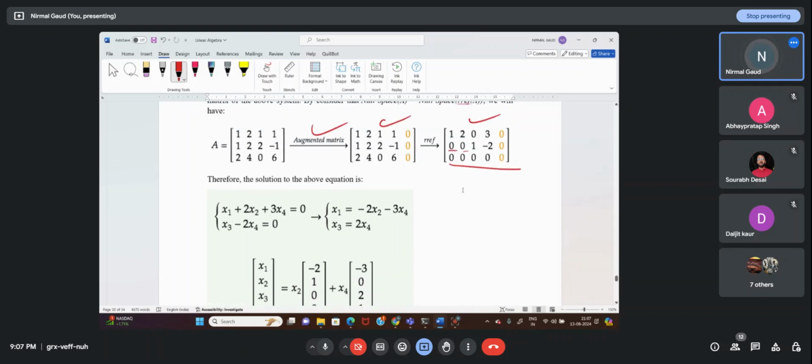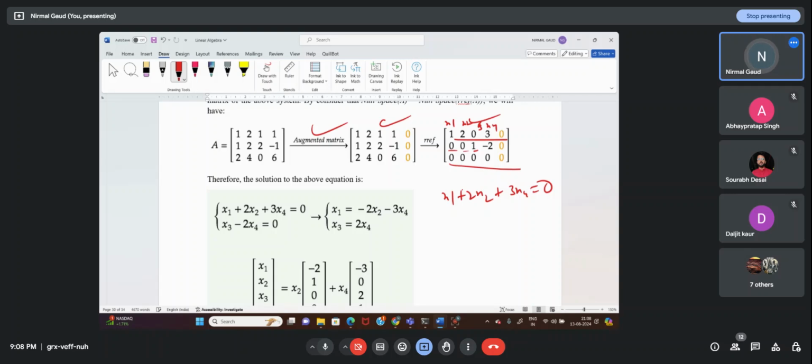All right, so here this is x1, this is x2, this is x3, this is x4. At this particular solution, I can say 1 into x1, that is x1, 2 into x2, 2x2, and the 3 term became 0, plus 3 into x4, 3x4, is equal to 0.